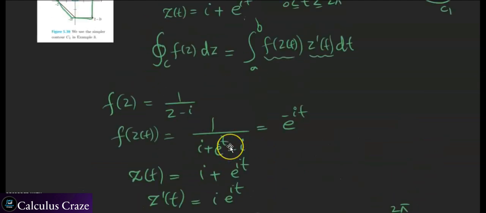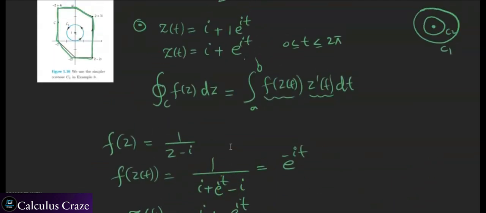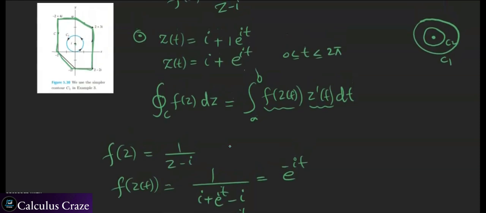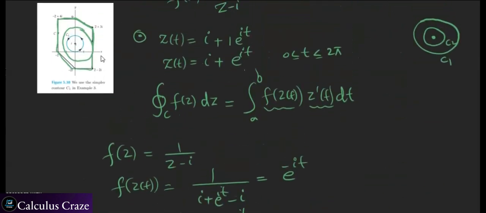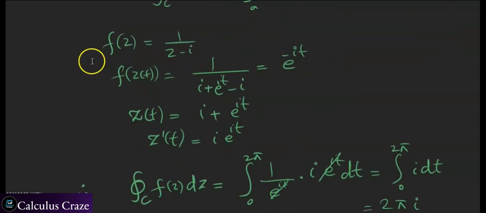I have taken a circle of radius 1. You could take another circle of radius, let's say 2, and perform the same computation, and it will turn out that it is also equal to 2 pi iota. One can take even a radius equal to r, which can be anything, 1, 2, 3, centered at iota.